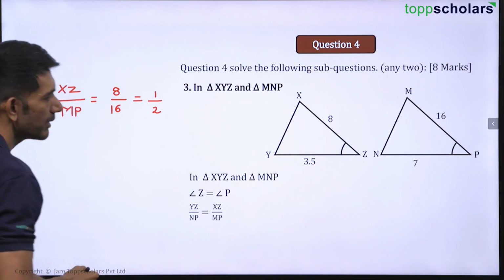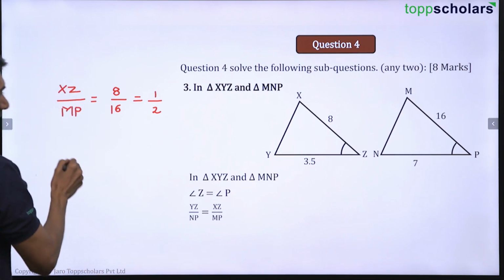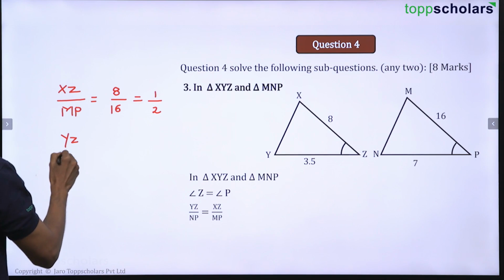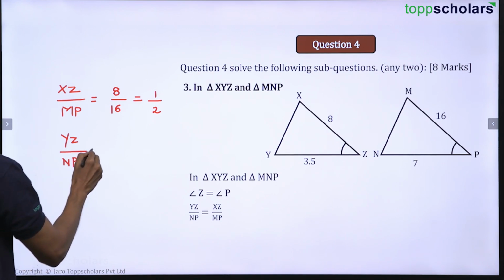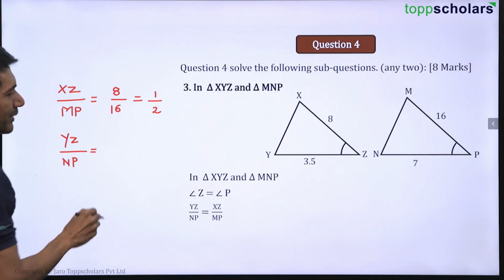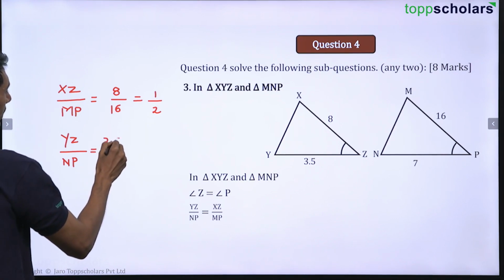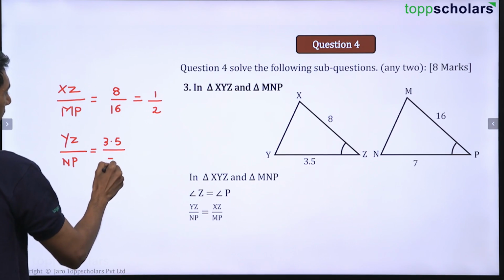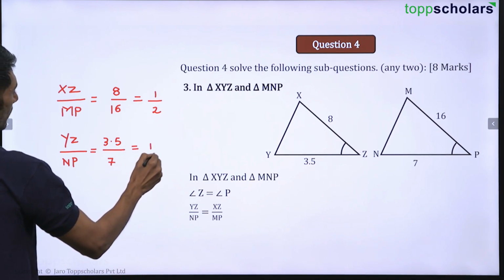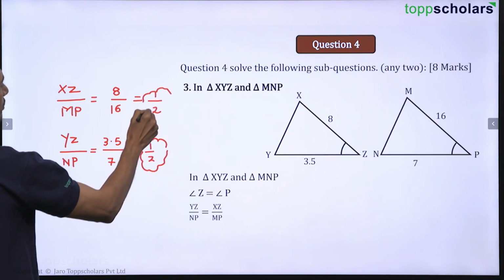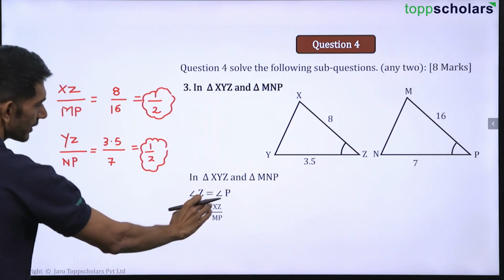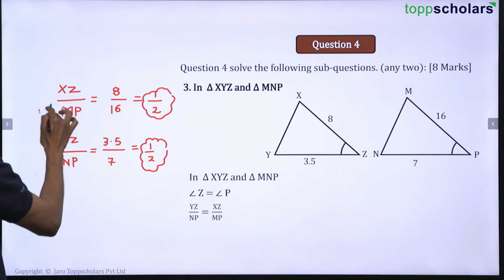Similarly, if we take YZ by NP, can I say YZ by NP is going to be 3.5 by 7, that is also 1 by 2. So 1 by 2, 1 by 2, both of them are equal. That is why we have written this.